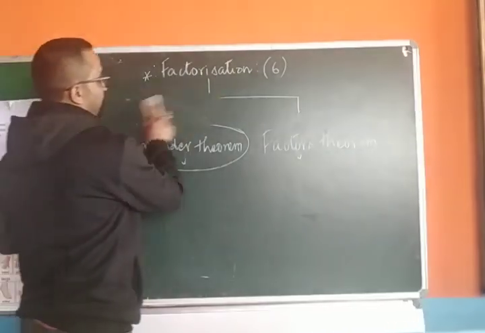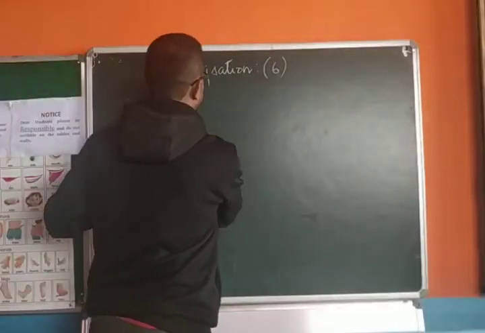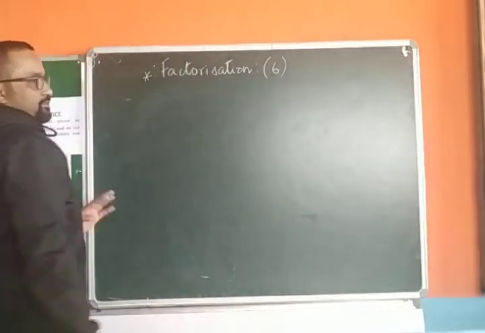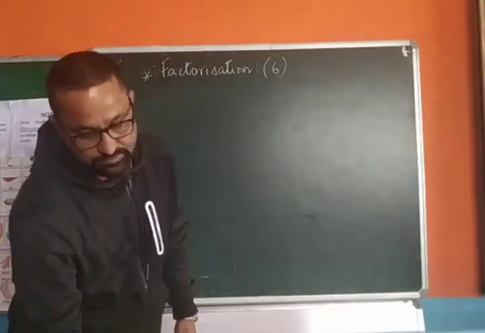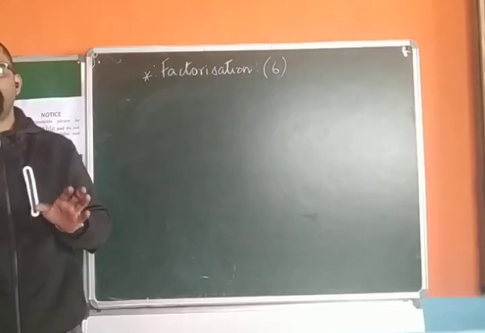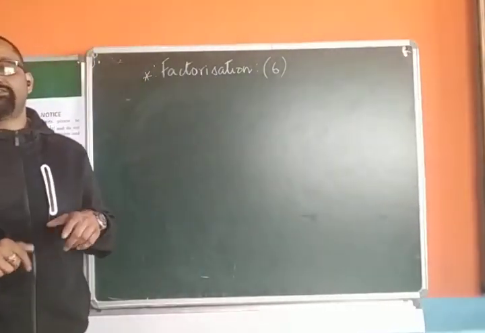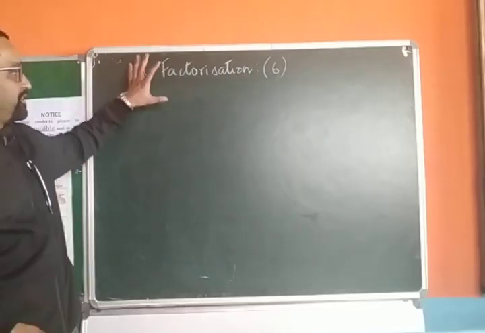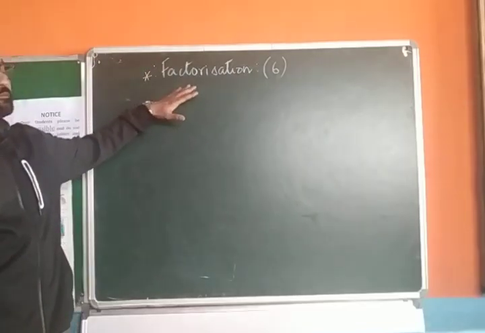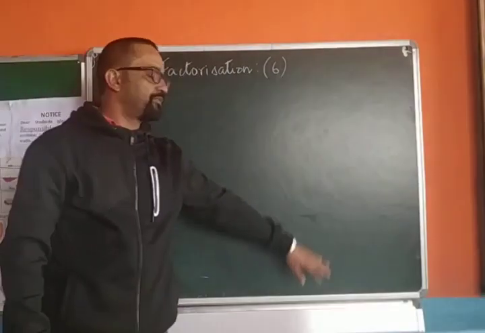In the chapter itself, you have around 7 sums. I don't have the book, so I'm just guessing it. There are around 7 sums, basically based on remainder theorem.